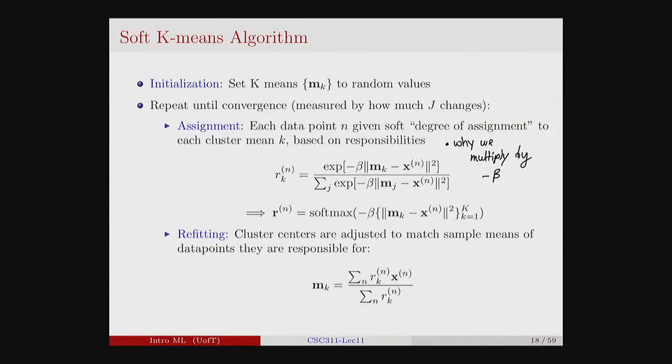And so in the context of soft k-means, the algorithm is as follows. We're going to change the assignment step so that we set rn to be the result of the softmax operation applied to negative beta times the distance between mk and xn. After we do that step, we do the refitting step where we're recomputing the means.